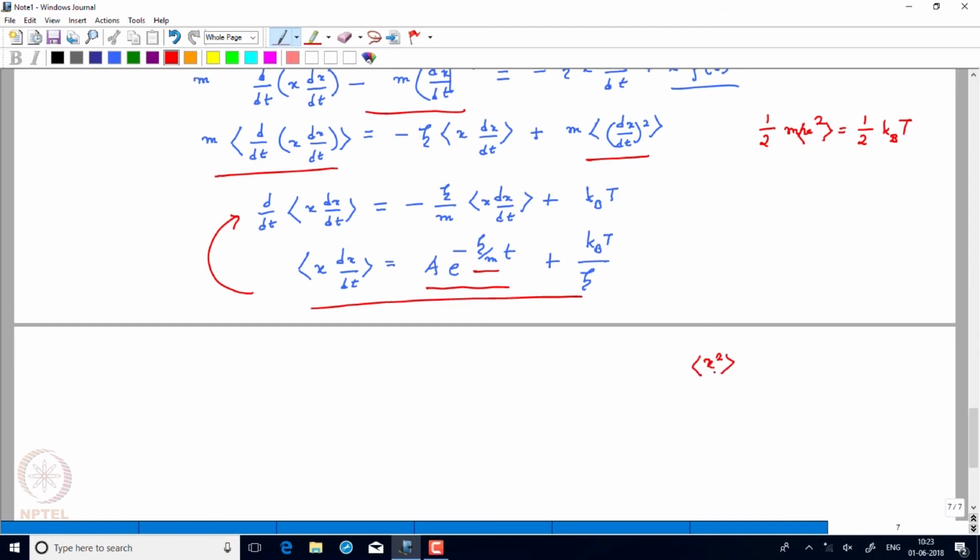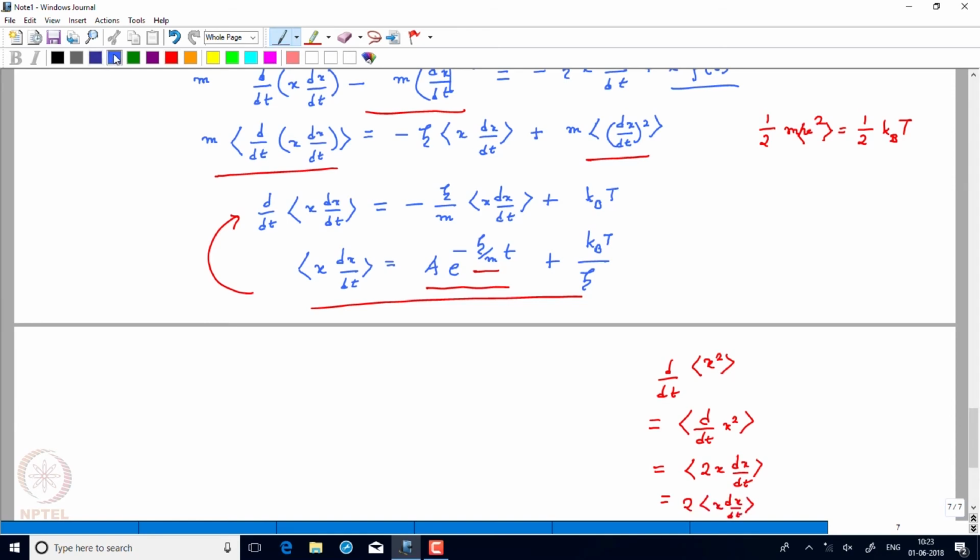If I take a time derivative of x squared, I can write it because it is just a spatial averaging, and that is nothing but 2x dx/dt. So it is 2 times x dx/dt. Now this is exactly what we have solved for.